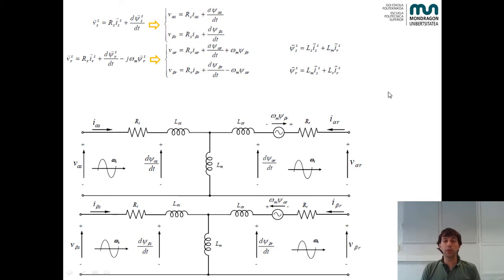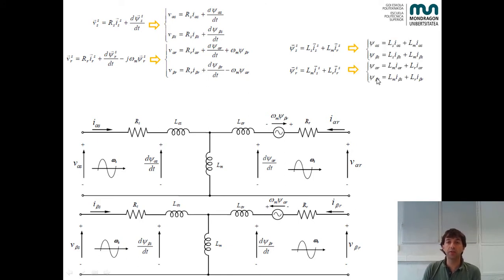Then for the model, we can also have two flux equations, in a space vector representation as well, that can be decomposed into alpha and beta components for the stator flux and alpha and beta components for the rotor flux. So here is the stator flux, and this is the equation.